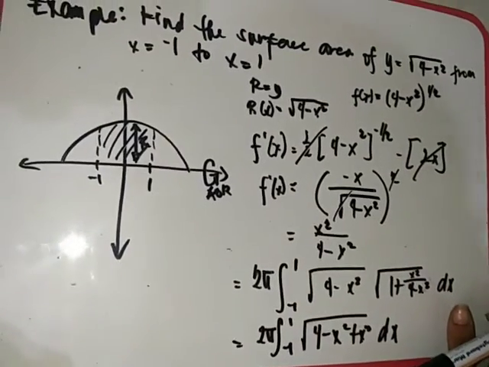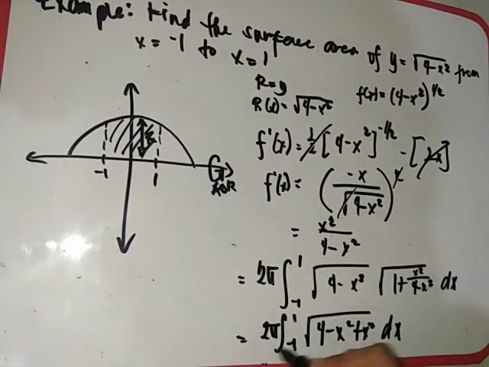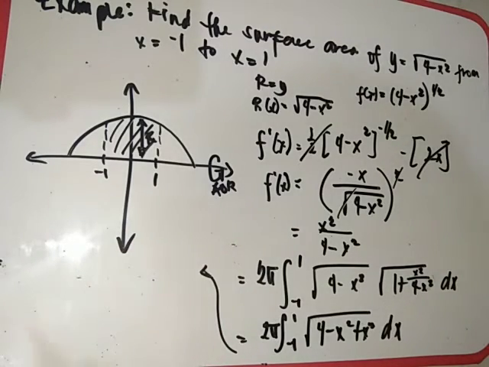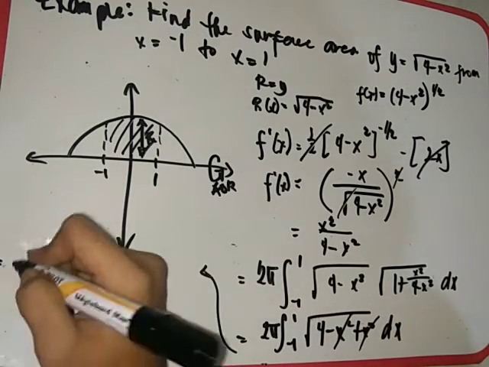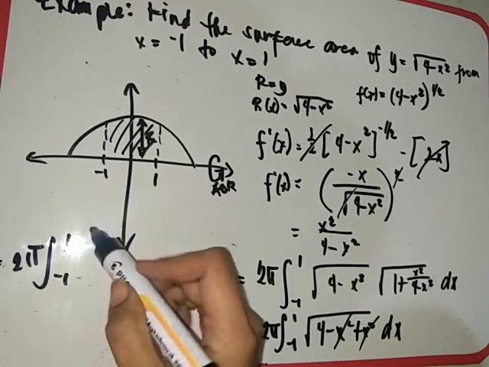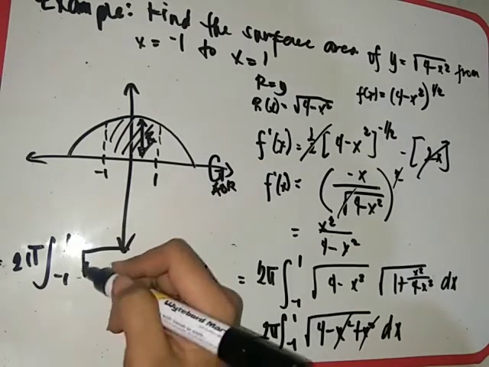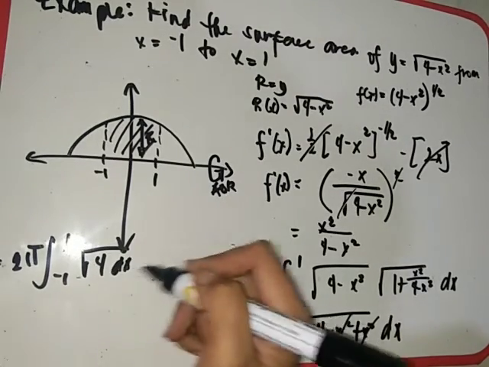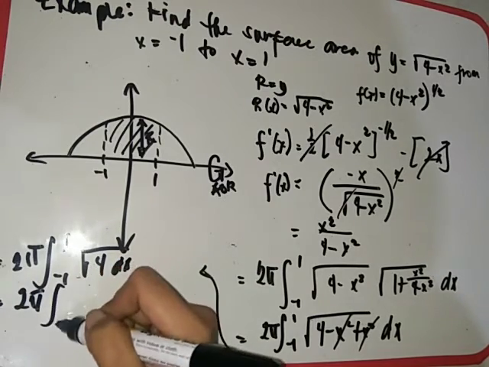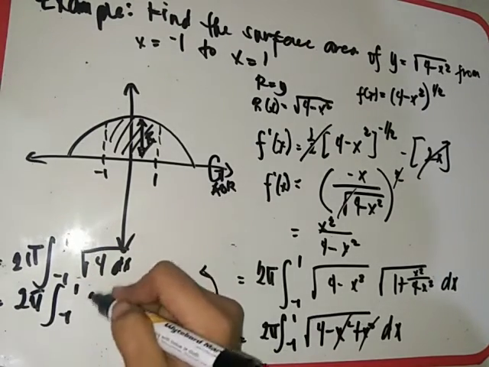So we have 2 pi integration of negative 1 to 1 square root of 4 dx. That is equal to 2 pi integration of negative 1 to 1 2 dx.